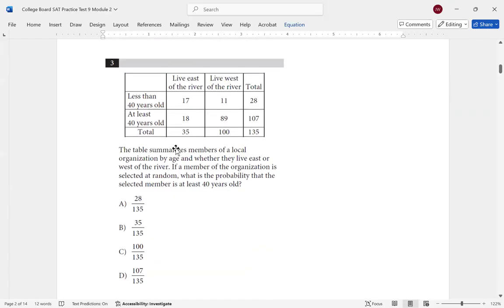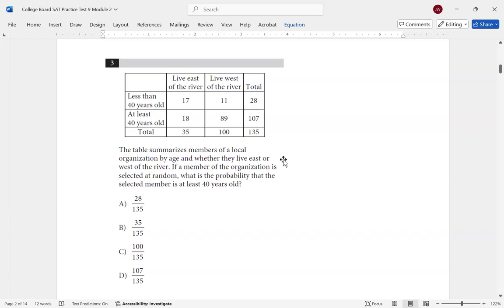Question 3. The table summarizes members of a local organization by age and whether they live east or west of the river. If a member of the organization is selected at random, what is the probability that the member is at least 40 years old?